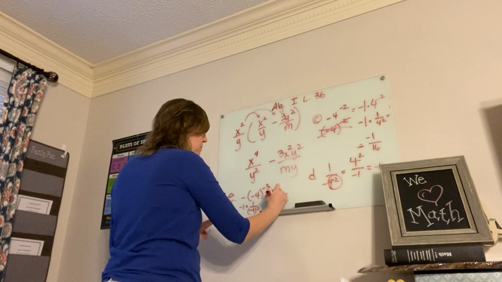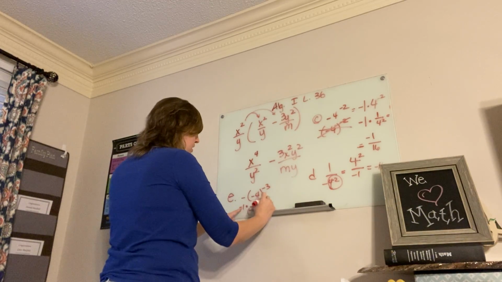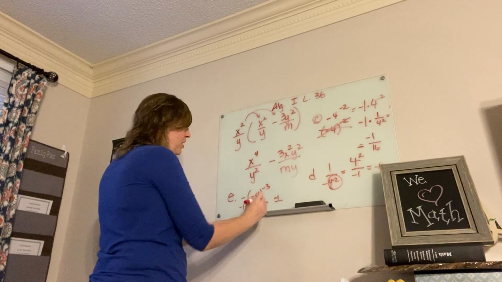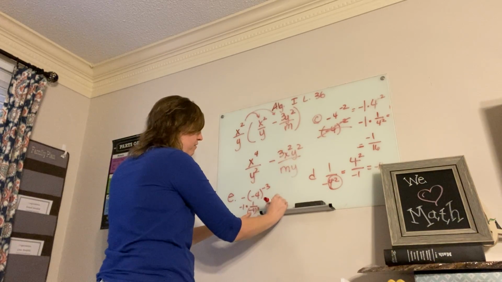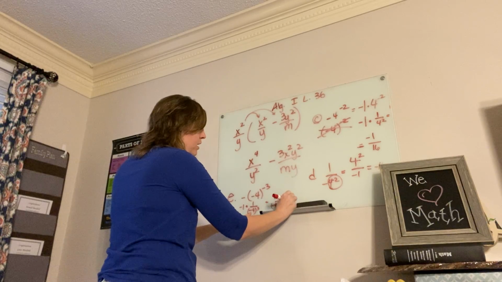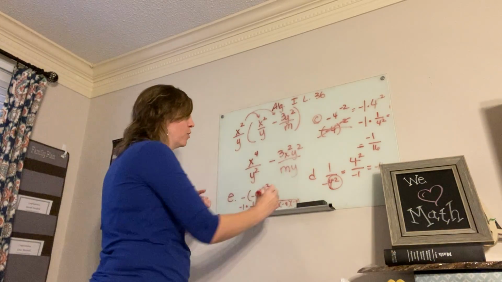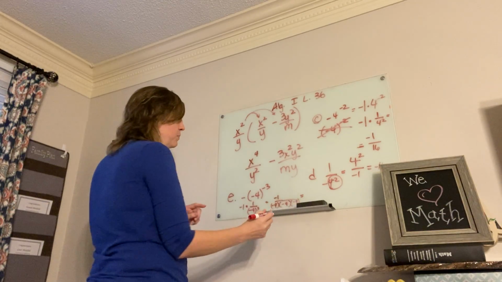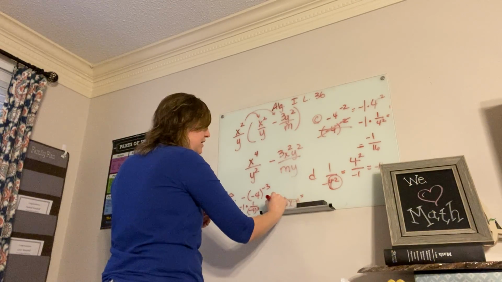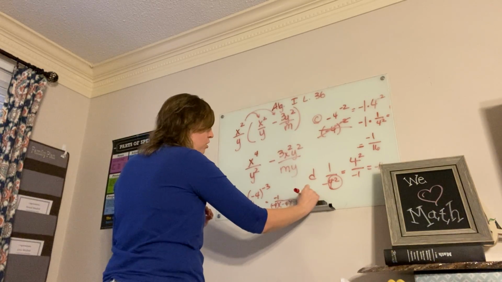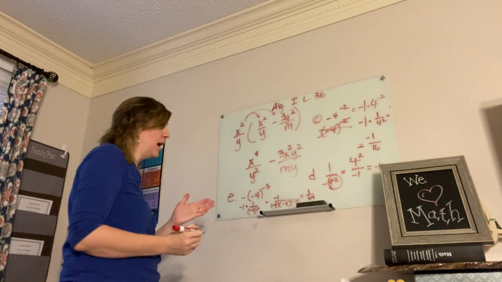That would be the same thing as saying -1 times, this would be 1 negative here, then I've got 3 more negatives down here: -4 times -4 times -4. So I've got 1, 2, 3, 4 negatives total. My final answer is positive. 4 times 4 is 16, times 4 is 64. So 1 over 64, and it's positive.